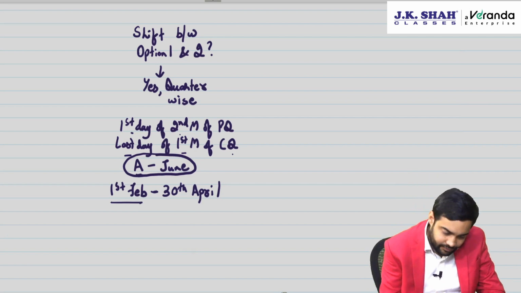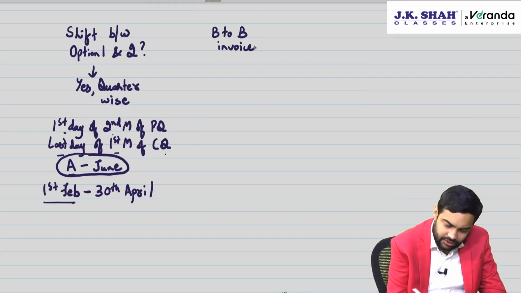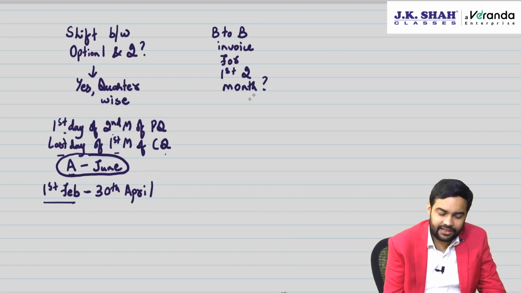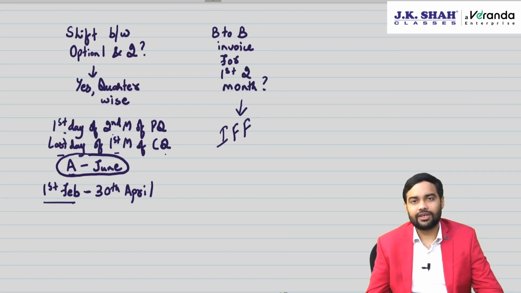Okay. Now, is there a facility to furnish B2B invoices for first 2 months on a monthly basis so that recipient can avail ITC? The answer is yes. There is IFF, invoice furnishing facility.